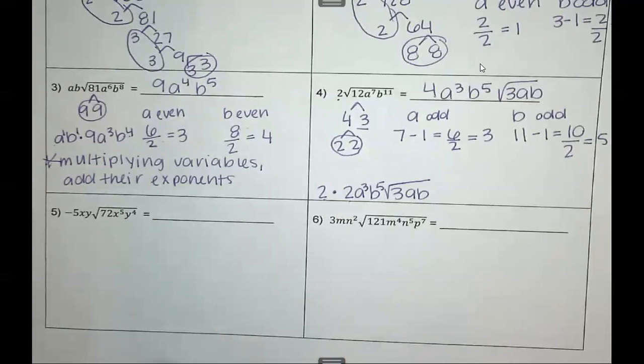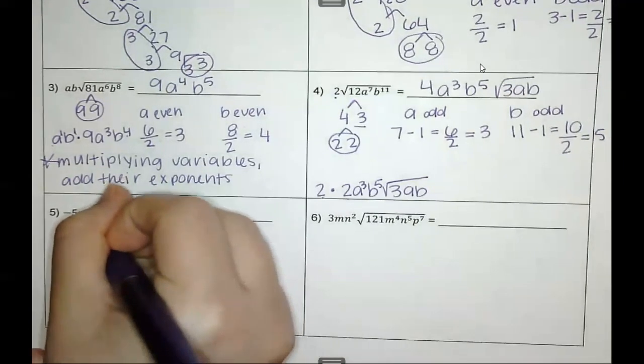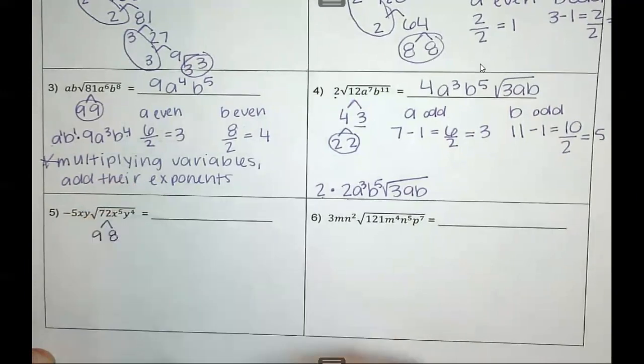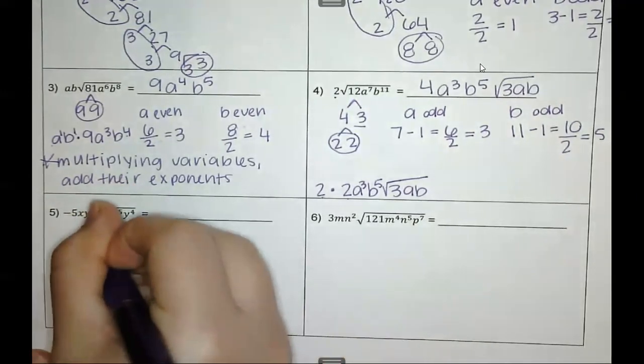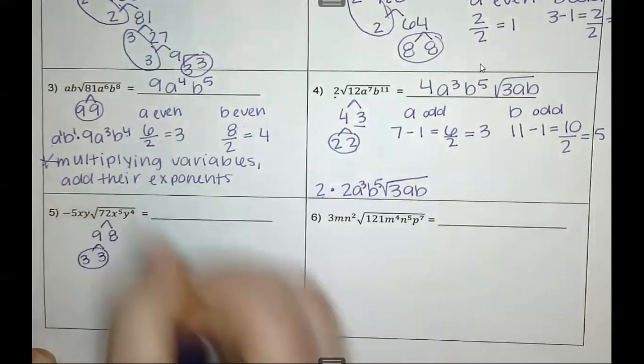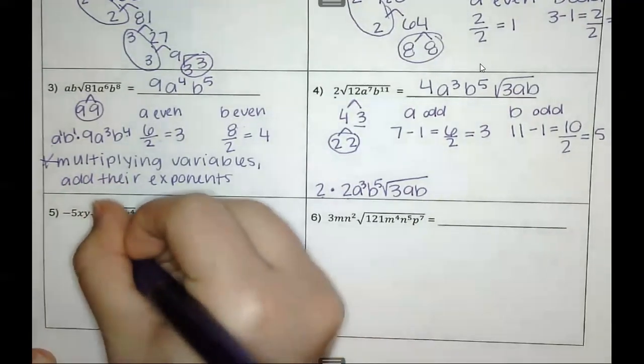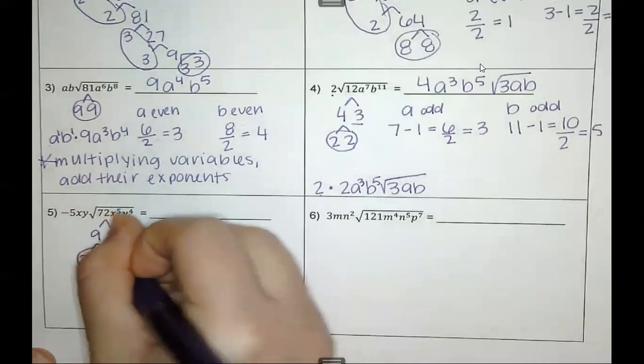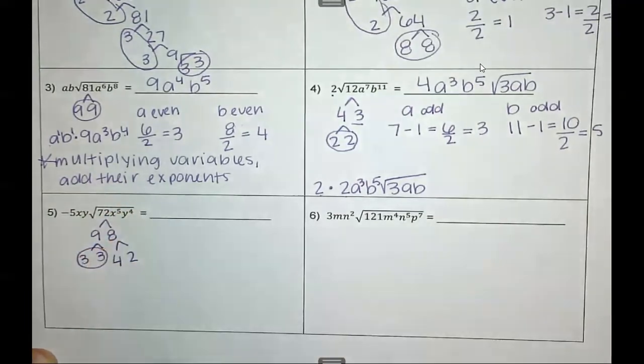All right, number 5. I'm going to deal with that 72 first. So what multiplies to give us 72? We could use 9 and 8. And we know that 3 and 3 will multiply to give us 9. So there's our first pair. And for 8, we can use 4 and 2.